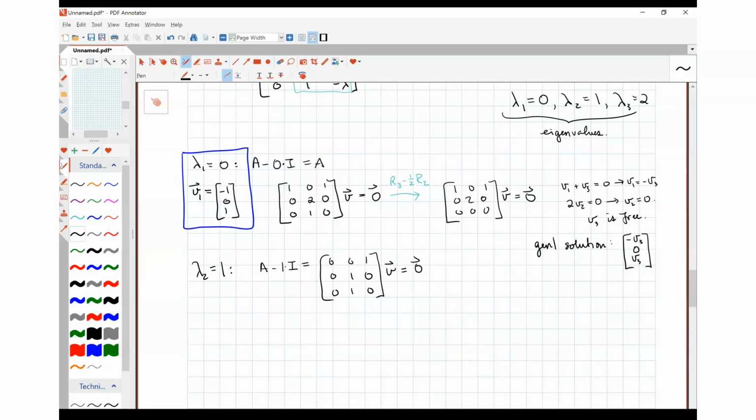And you can see again, if I just do one row operation, R3 minus R2, that's going to get me to this linear system.